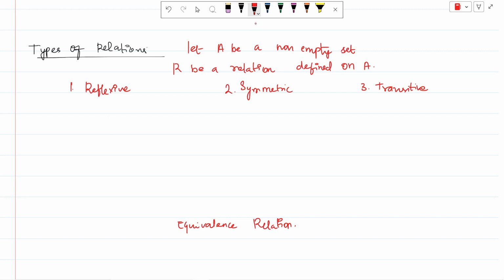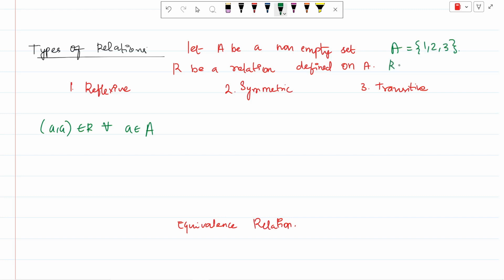Now what is reflexive relation? (a, a) belongs to R for every a belonging to the set capital A. Okay, if I take an example, A is equal to {1, 2, 3}.